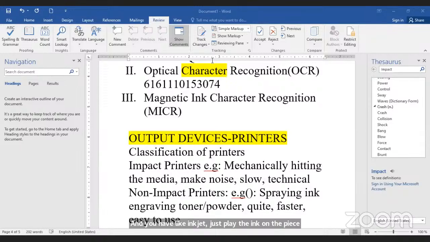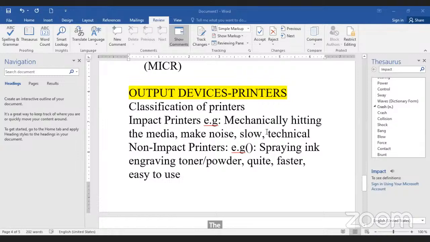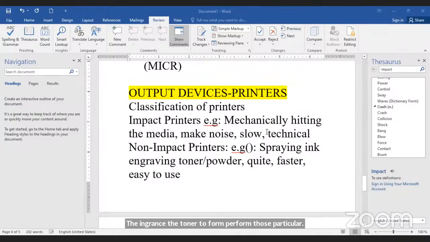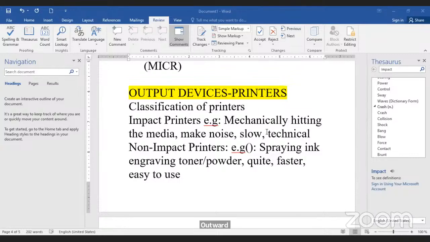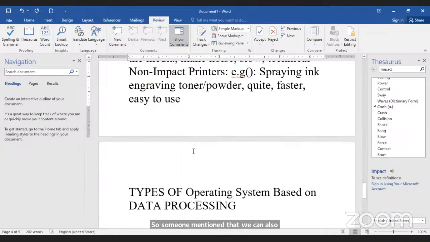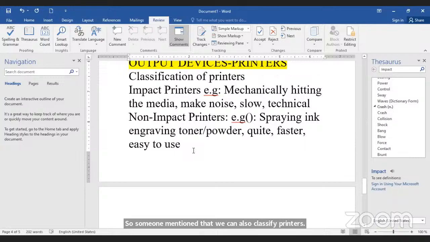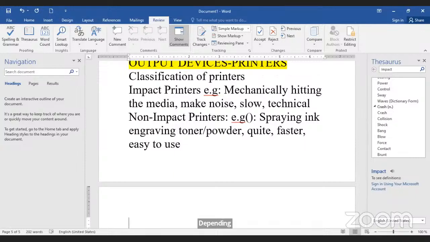You have laser, it engraves the toner to form those particular output. So someone mentioned that we can also classify printers depending on the printing.